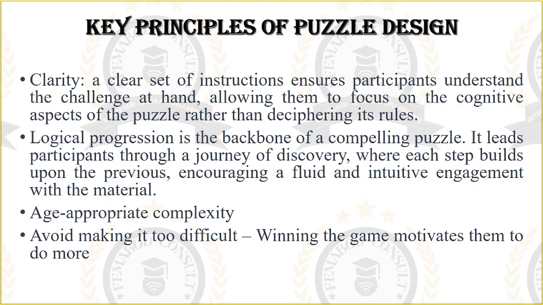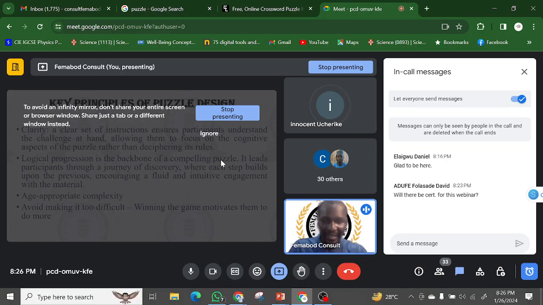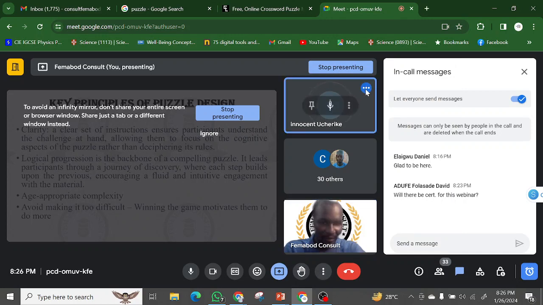Then there should be logical progression. Logical progression is the backbone of a compelling puzzle. It leads participants through a journey of discovery where each step builds upon the previous, encouraging a fluid and intuitive engagement with the material. You see, the logical progression is in the sense that the first step they start with should give them a clue to the next step, and on like that.